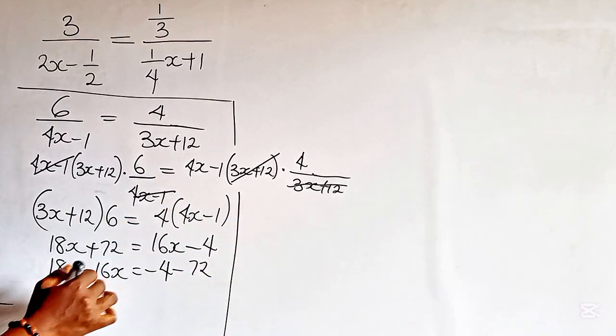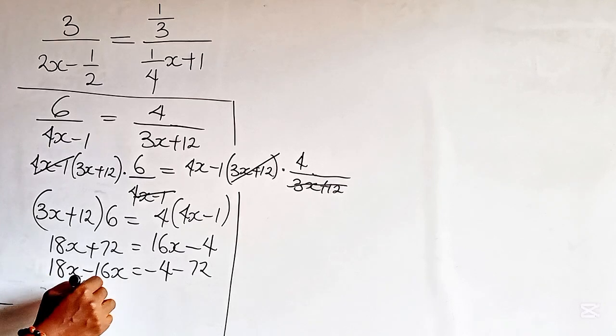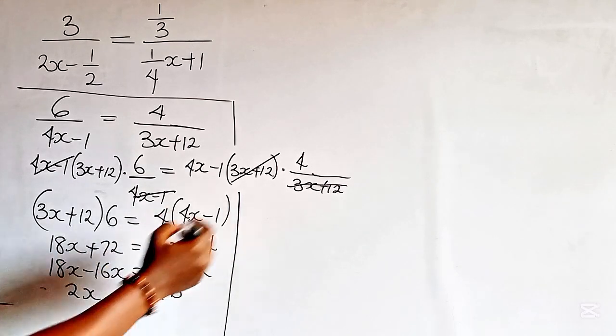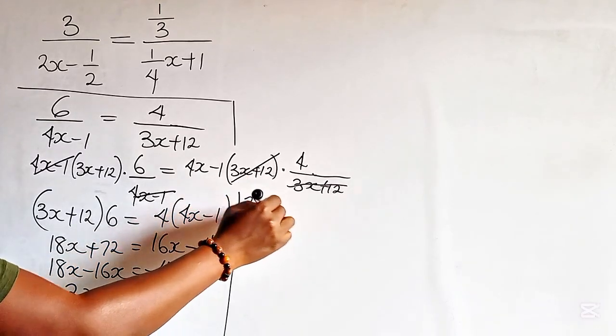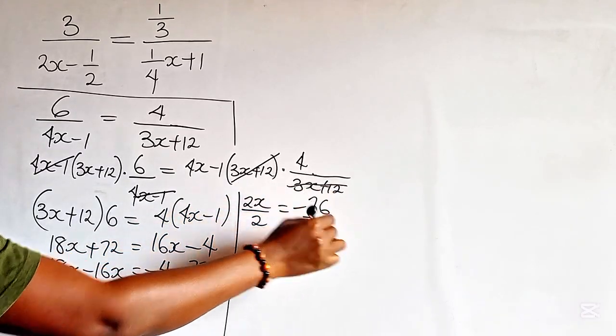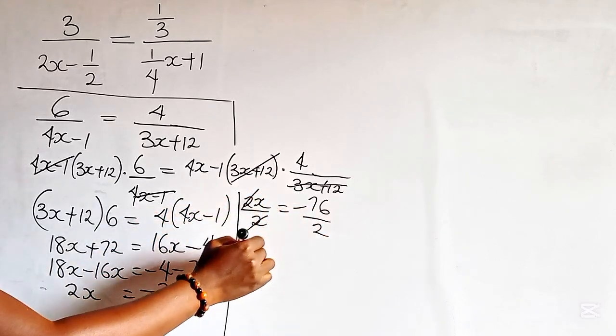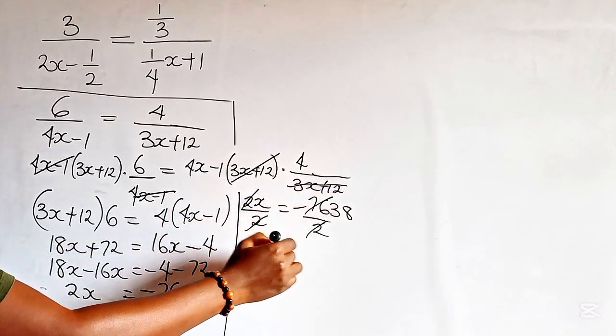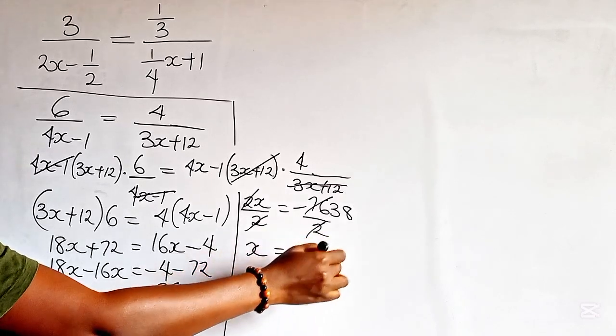So we have 18x minus 16x, we have 2x is equal to minus 76. To find x, we divide both sides by 2. So we have minus 76 divided by 2. These two we cancel out, we have x, 2 we go into minus 76, minus 38. So we have minus 38 as the answer.